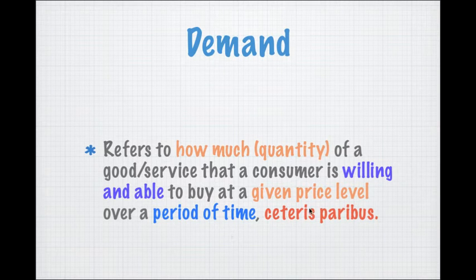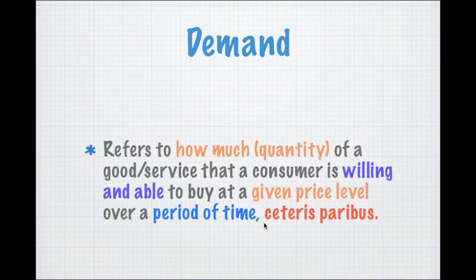The last thing here is ceteris paribus, which basically means with everything else held constant. There are many other variables that can possibly affect demand, but now we are just choosing to study the price level and how it affects the quantity demanded of the good.